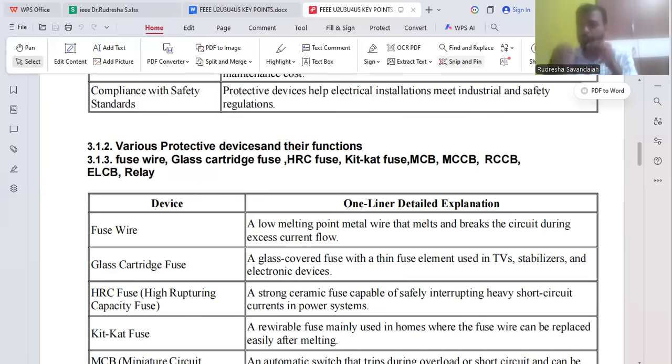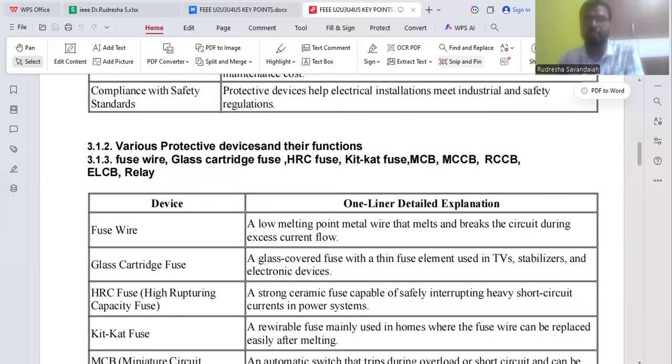Electrical energy is consumed, with more power and more things, so this is a very important concept for everybody: fuse wire, glass cartridge fuse, HRC fuse, KitKat fuse, MCB, MCCB, RCCB, ELCB, relay, and other devices.